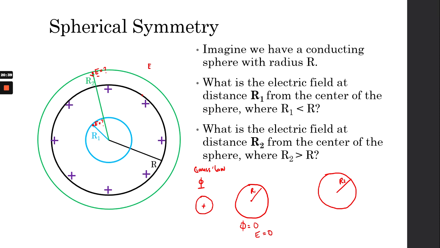And remember what we do in Gauss's law: it measures the electric flux as long as your enclosed surface has a charge inside. Consequently, for our R2, the charges are found inside, therefore there is an electric flux here, and you can measure the electric field here.